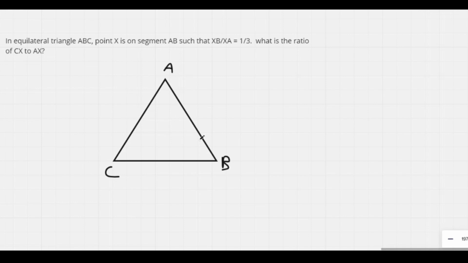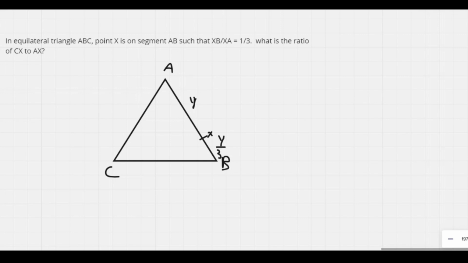So let's first draw X over here. And since XB over XA is 1 over 3, let XA equal the variable Y. And then XB will equal Y over 3.